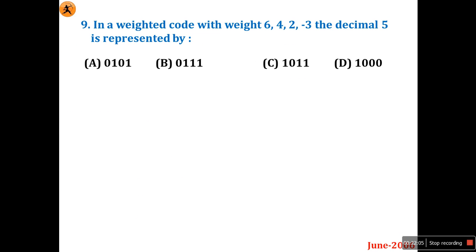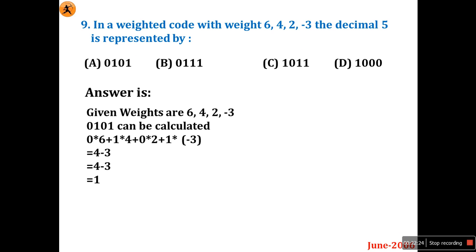In a weighted code with weights 6, 4, 2, -3, the decimal 5 is represented by... now they have given some weights, and in this weighting, which number will give decimal 5? It's very simple, if you know how to solve this.